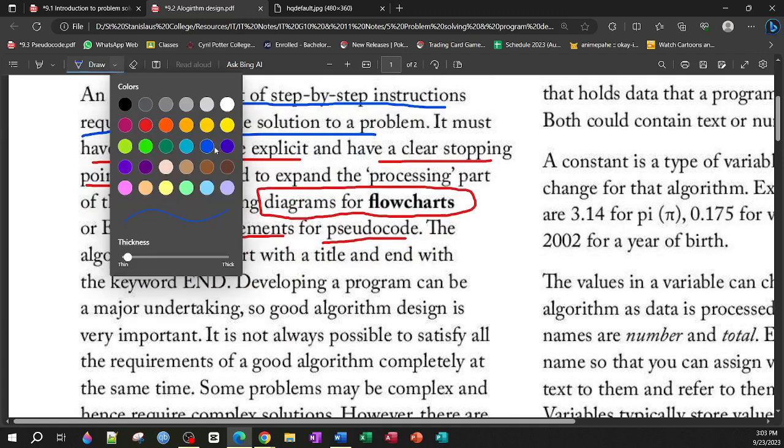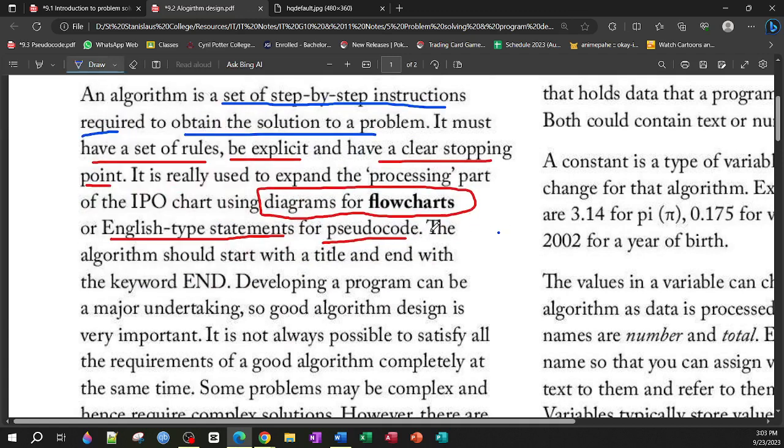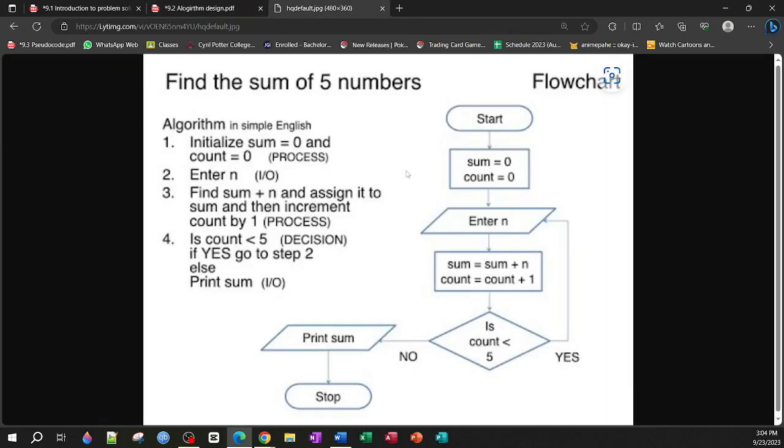So let me turn the color back to blue. Now, different layouts of flowcharts. Some go from top to bottom, vertical, and some go horizontal.